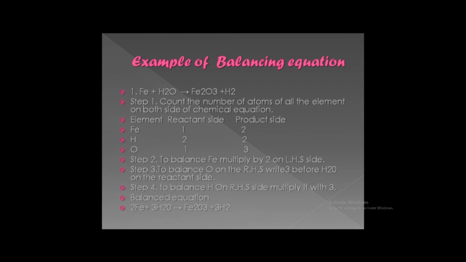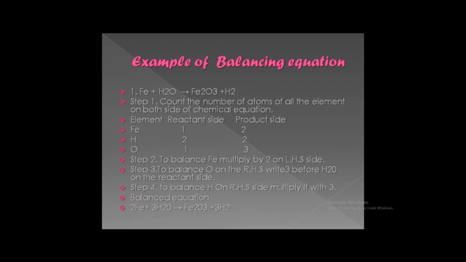Now we will multiply hydrogen by 3, so hydrogen will become 6 on the product side. This way we will be able to balance the equation. After balancing, we write the numbers by which we have multiplied.